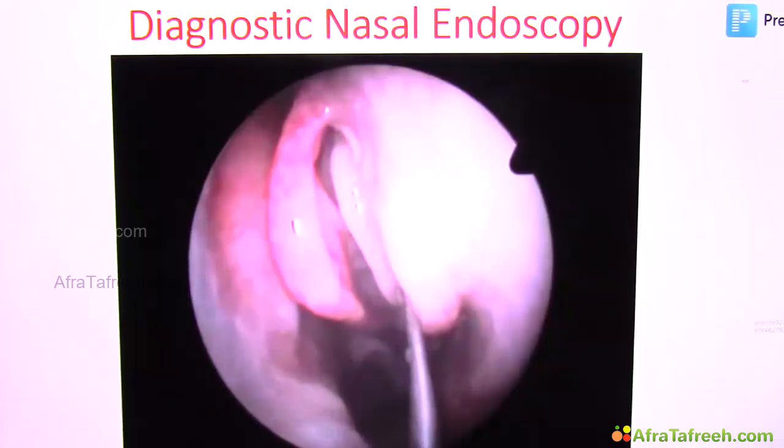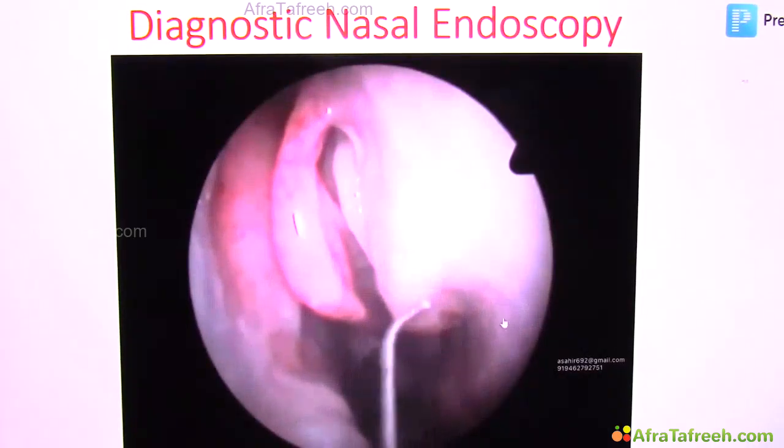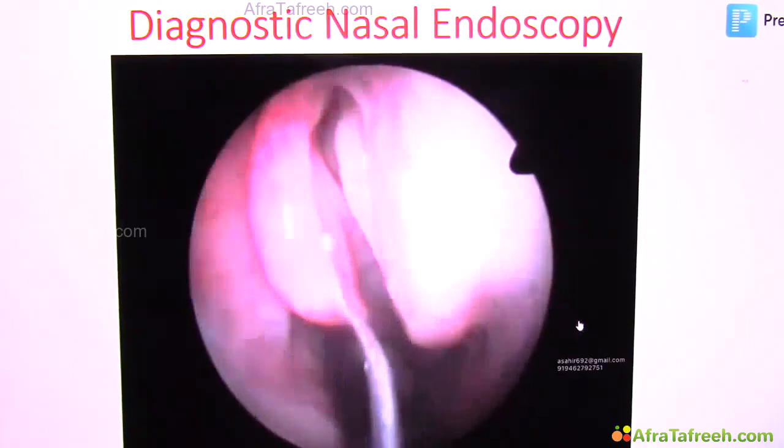I go through the hiatus semilunaris into the space known as the ethmoidal infundibulum. I have put my probe into the hiatus semilunaris, and once I have crossed the hiatus, I have gone to the infundibulum, and the infundibulum will lead me over here into the maxillary sinus. So that is the maxillary sinus opening.